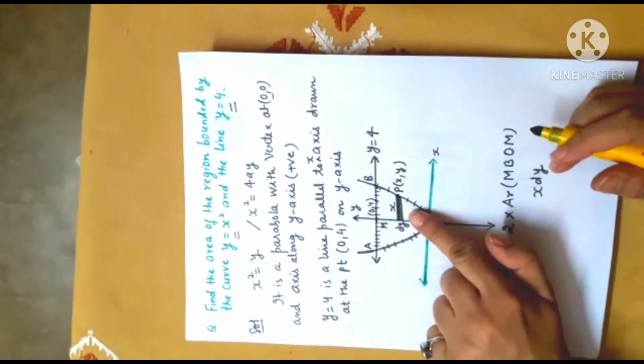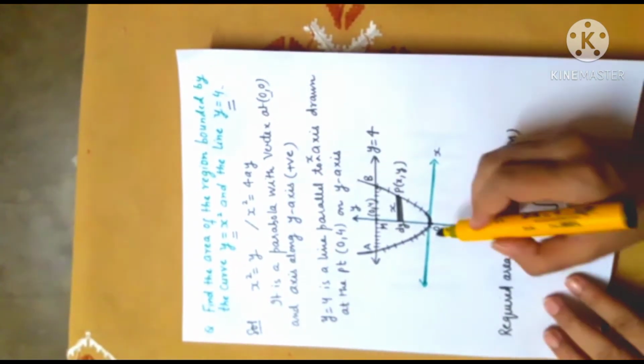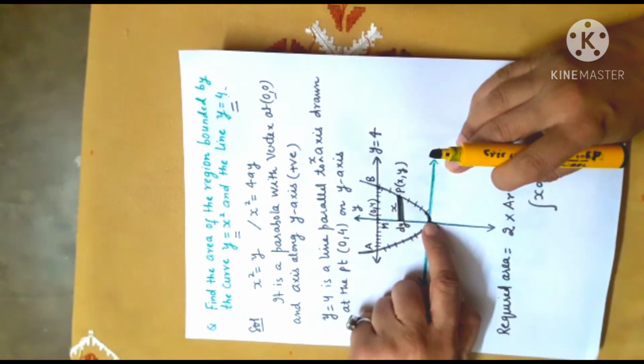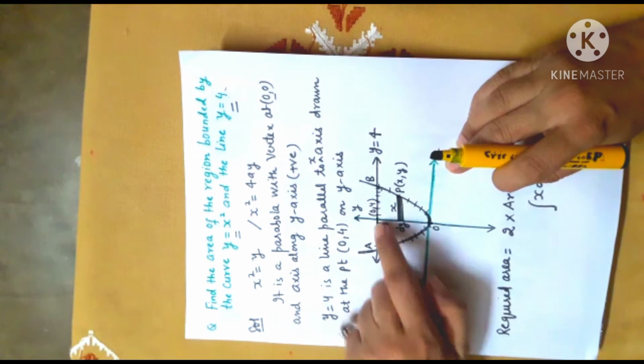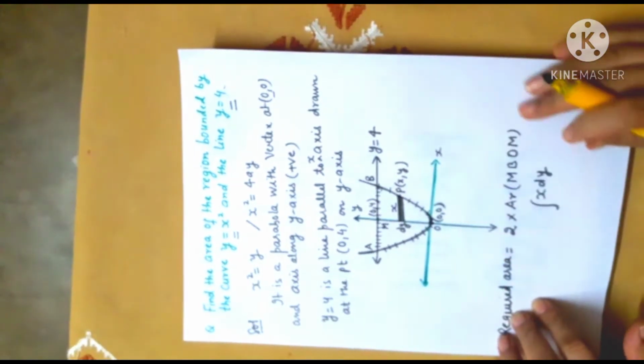Now, to find out this area, I'll integrate this, and limits of integration will be, yes, the strip will move from this point O to this point M. The coordinates of the point O are 0, 0.